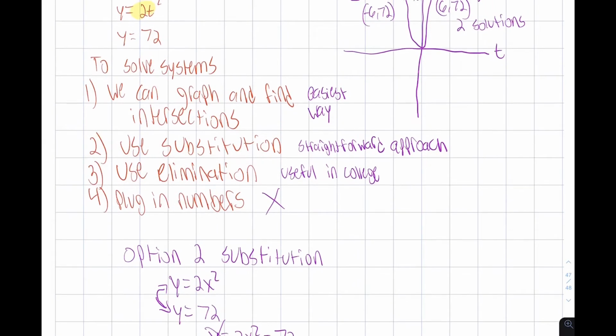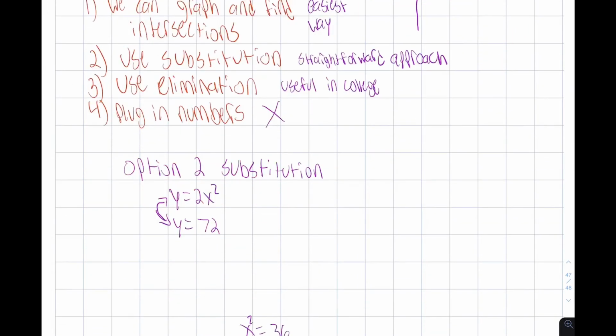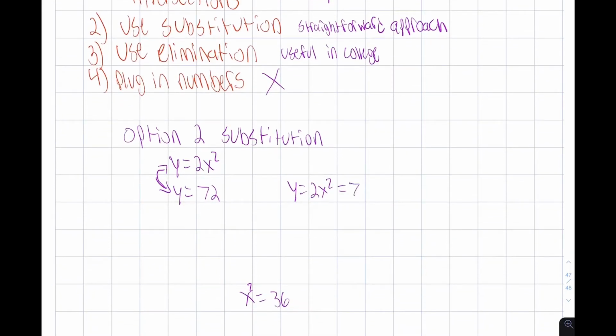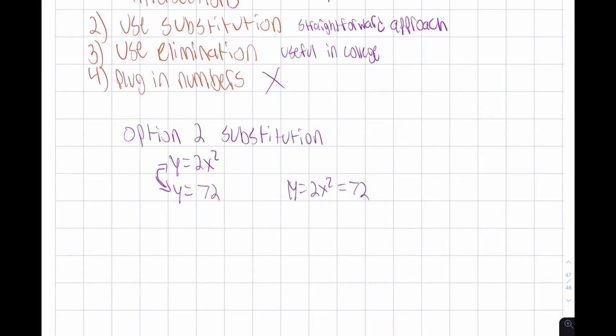But if we want to do this with substitution, both solve for y, then we are allowed to set them equal to each other. So y is equal to 2x squared, and y is also equal to 72. If these 2 things are true, then we don't have to worry about this part. We only need to worry about this part and solve for x.